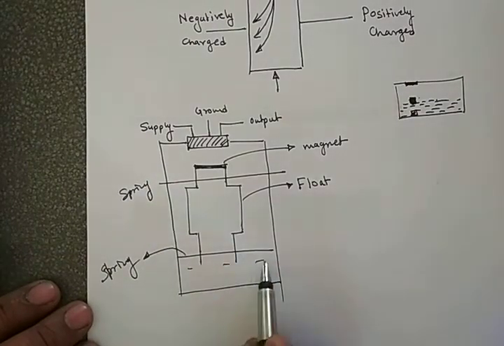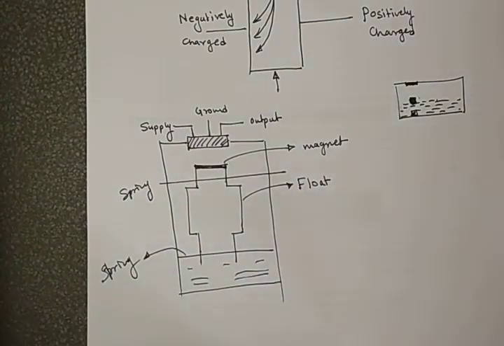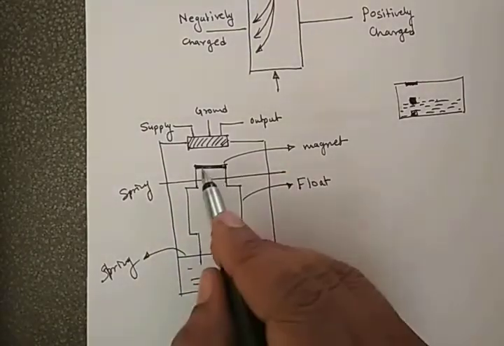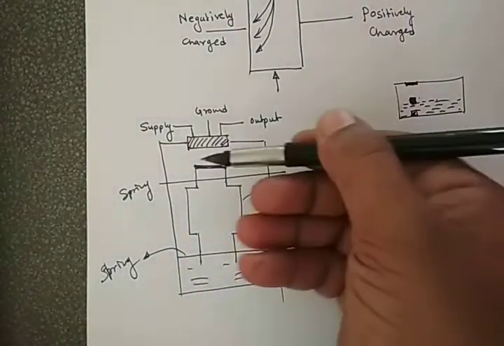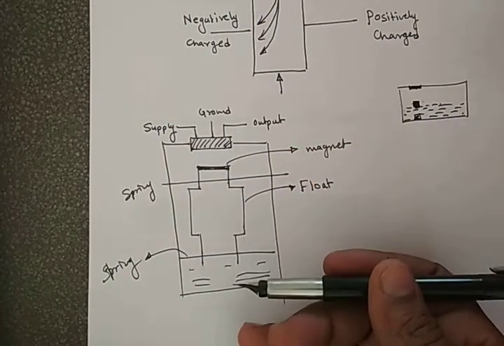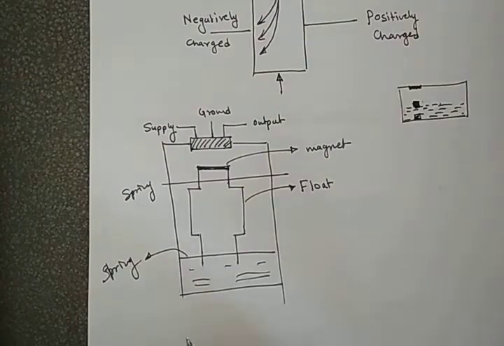Now when fuel is present in a tank, what will happen? If it is full, then it will float up to here. If it is empty, it will float at the bottom. So what can we understand from this?